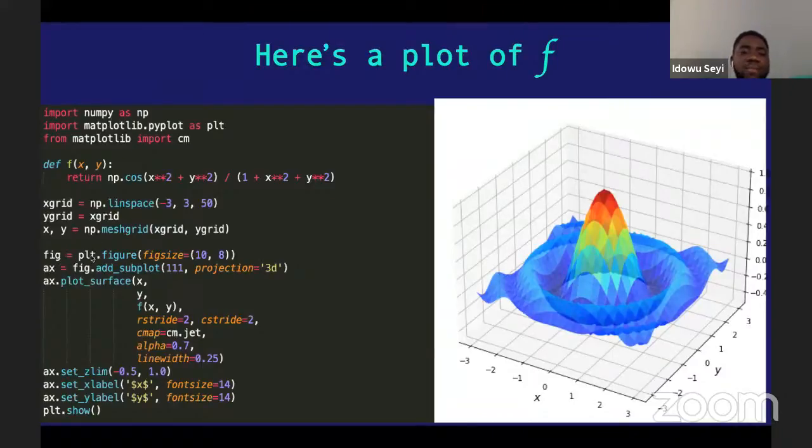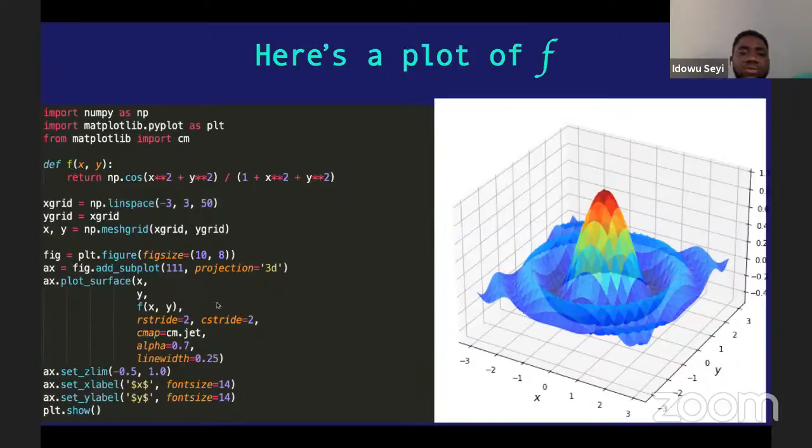Then the figure and plots. I already imported matplotlib as plt. So plt.figure with figsize 10 by 8, then ax equals fig.add_subplot 111. Let me not bore you with the whole thing. Then we plot x, y, then f.